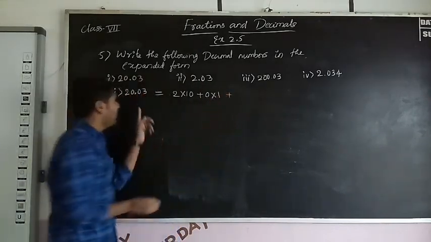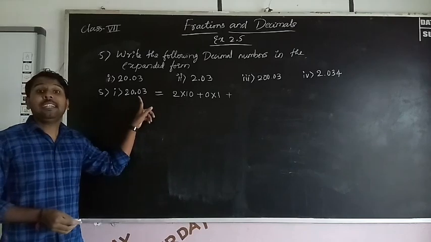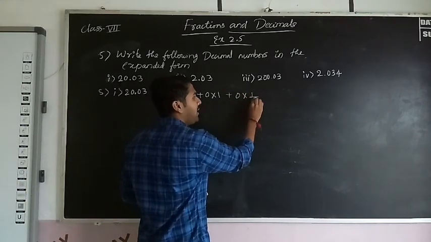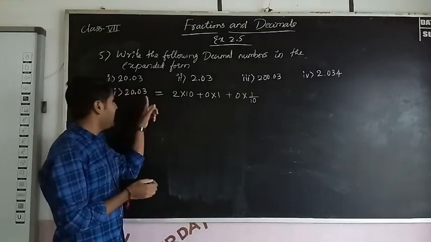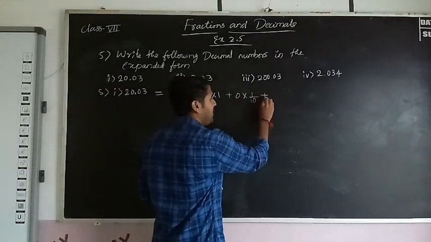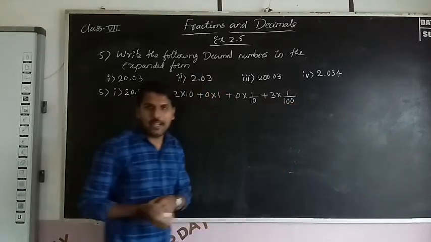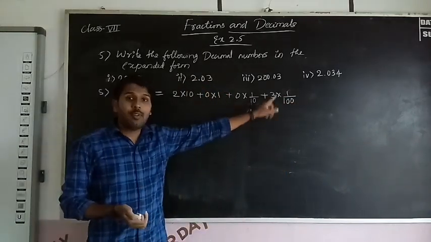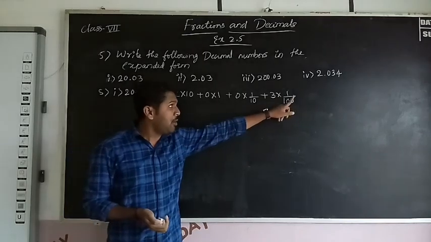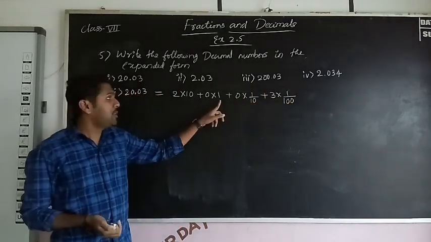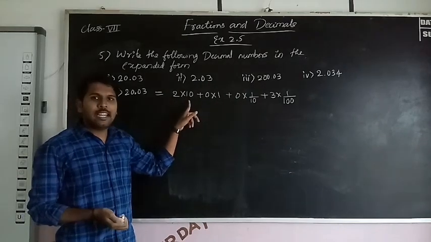Next, this 0 is in the 1 by 10th place, so 0 into 1 by 10. Next 3, which is in the 1 by 100 place, so 3 into 1 by 100. This one is 1 by 10, this one is the ones place, this one is the tens place.